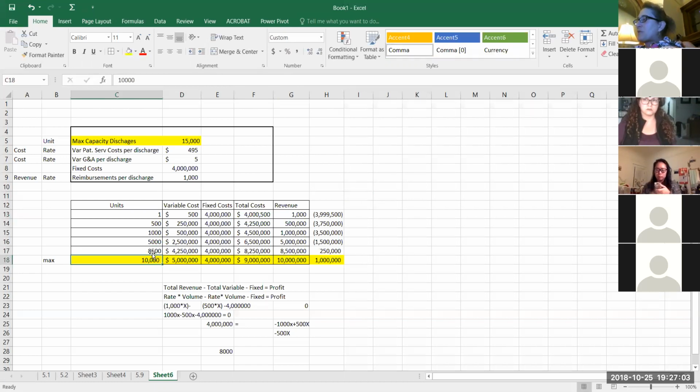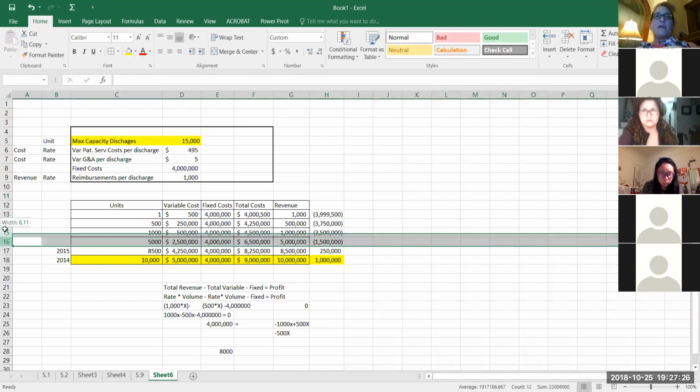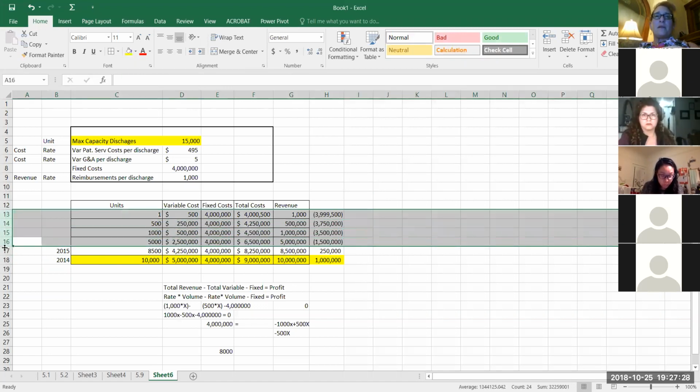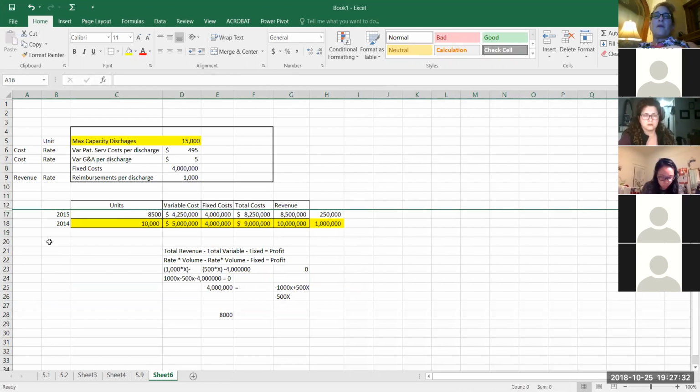And management is planning to cut fixed costs so that the total for 2015 will be $1 million less. So this one is 2014 over here, this is 2015. Now they're going to cut fixed costs, so that would be this number, this 4 million number. Let me just hide the other ones so you don't get confused.